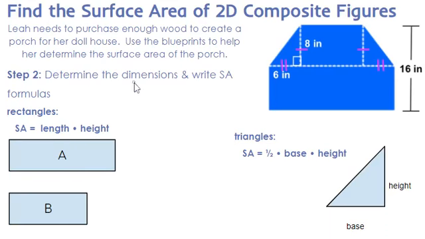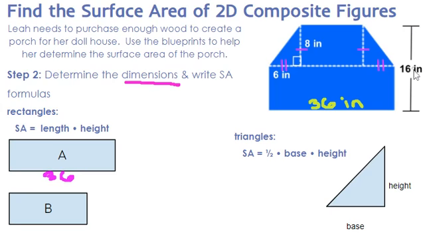Okay, so my next step, I'm going to go ahead and determine the dimensions and write any surface area formulas I know. Remember, when we're talking about determining dimensions, we're talking about determining the length, height, and base of each one of the shapes that we know. So we have, again, our 2 different rectangles, rectangle A and rectangle B. So our rectangle A has a length of 36 inches and a height that we don't know about.